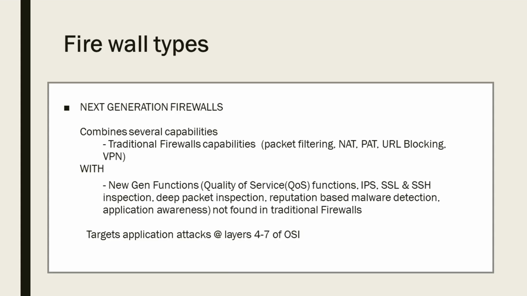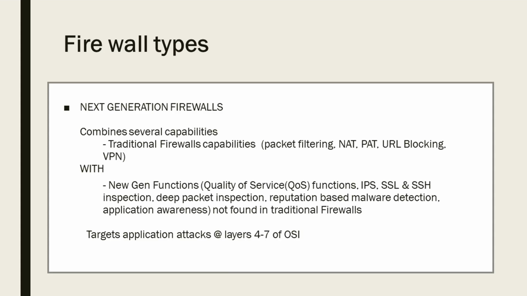When you combine the traditional functions of a firewall and the non-traditional ones, like checking the quality of service, deep packet inspection, providing intrusion prevention services, checking SSL, secure socket layer, and SSH inspection, checking reputation-based malware, that is detecting malware based on reputations, signatures and things like that, and conducting application awareness, being aware of certain applications running.